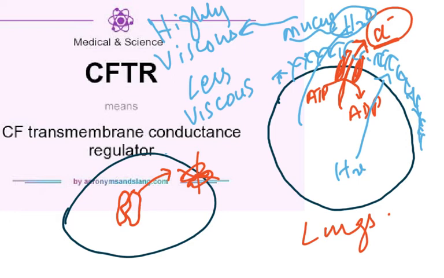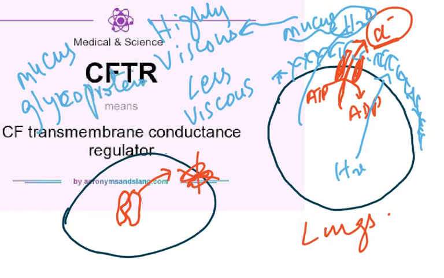And you know, mucus is a glycoprotein. And glycoproteins are food for bacteria. So the mucus cannot be swept by the cilia. The mucus stays there in the bronchioles and bacteria multiply, and this person is going to be repeatedly suffering from lung infections.